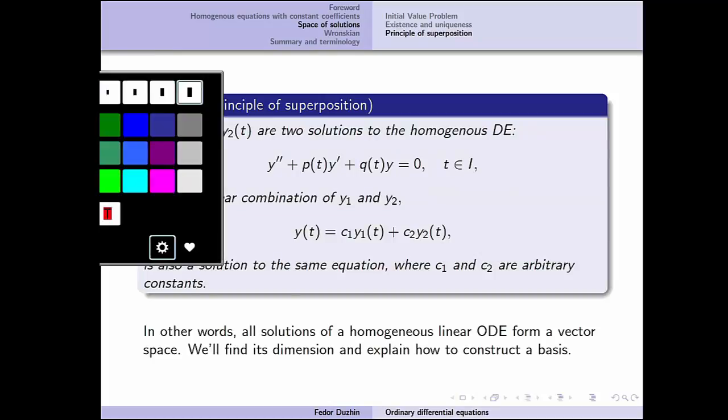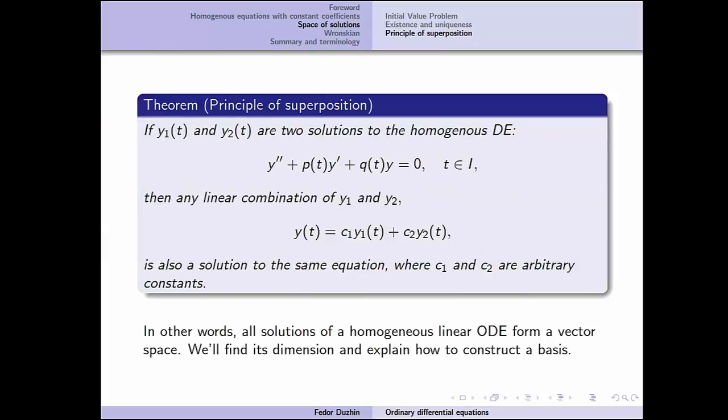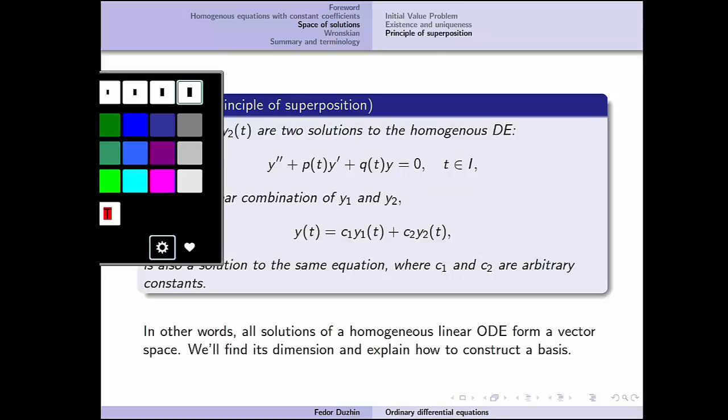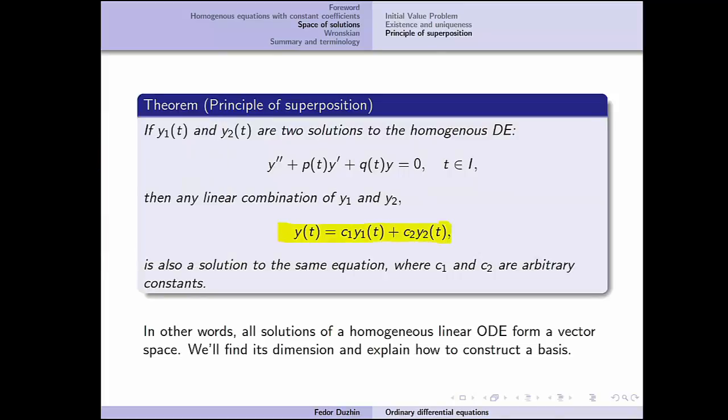The proof here is just you take this, you compute y prime, y double prime, and then you substitute this into the differential equation, and you see that you get a true equality. So the proof is very, very simple. But we already saw how it works on specific examples, so I hope it's alright if I skip the proof.